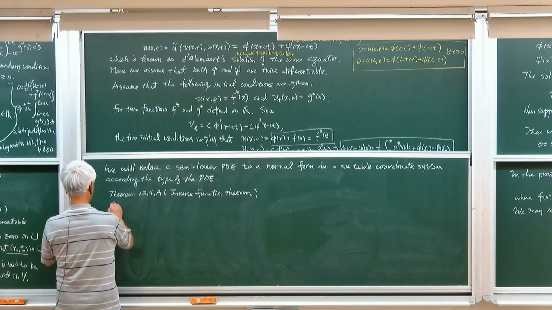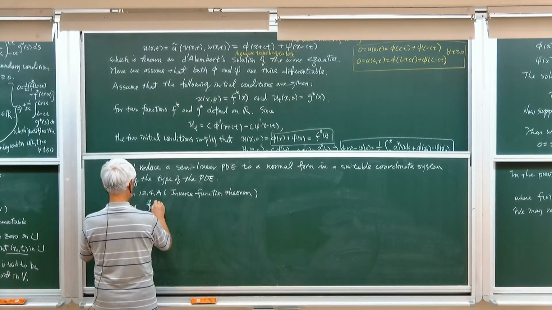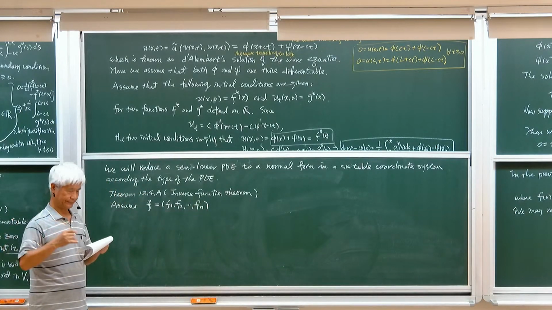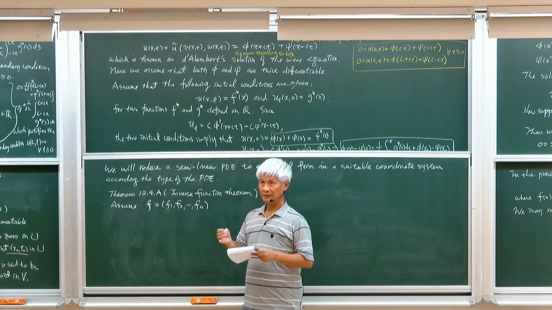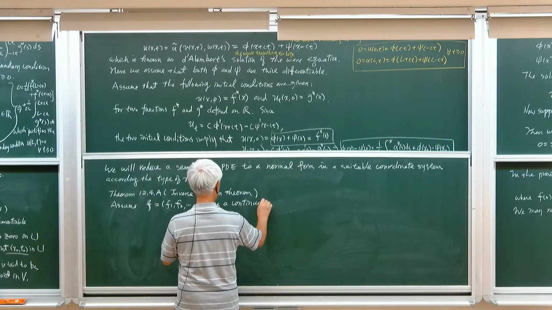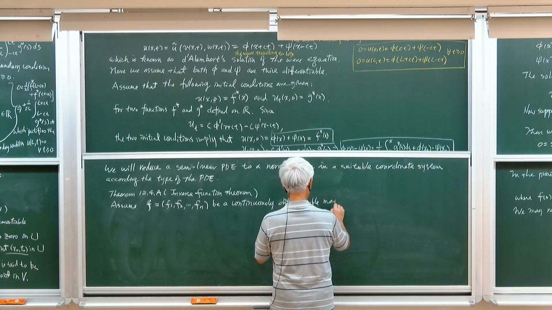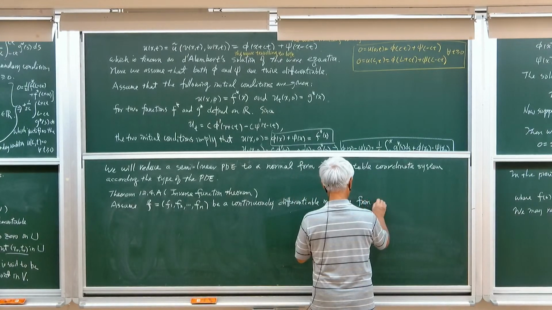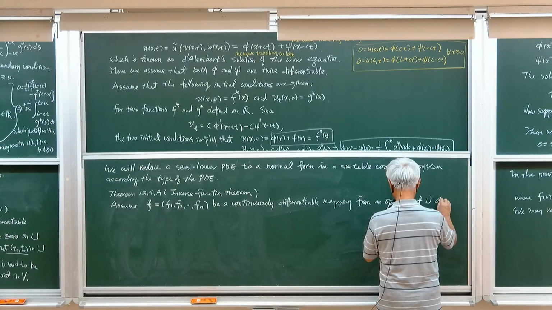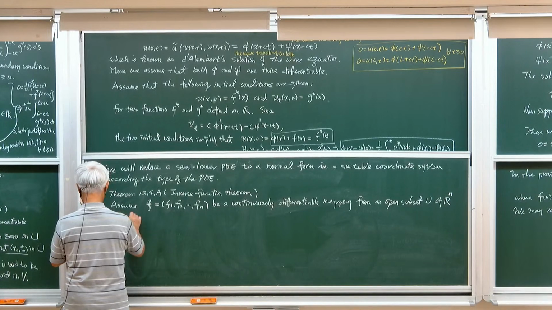Okay, all right. So assume that the vector function f, so it has n components, so each component is a scalar function, is a continuously differentiable mapping from an open subset U of the n-dimensional space into Rn.